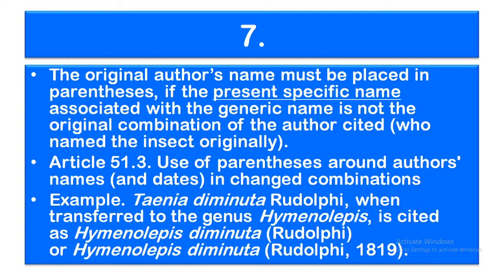As earlier Tinia diminuta was there, Hymenolepis will be the generic name, and Rudolphi, you can see, has been put into parenthesis, in brackets, so Hymenolepis diminuta (Rudolphi, 1819) is presented in front of you in a bracket or parenthesis. So such a thing happens. A change in original combination will lead to the parenthesis inclusion around the name of the original author.